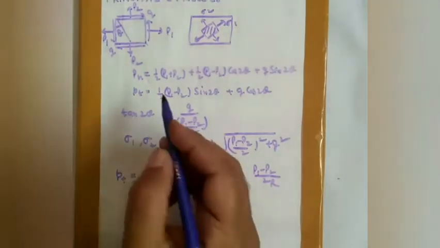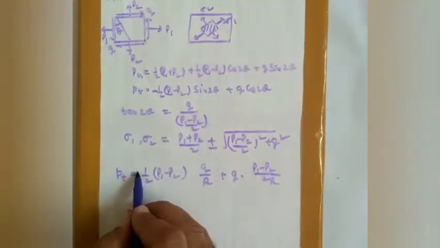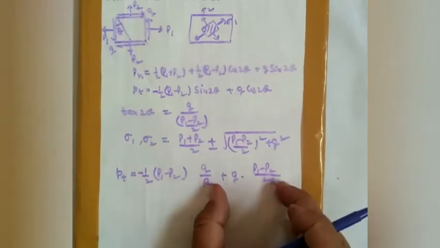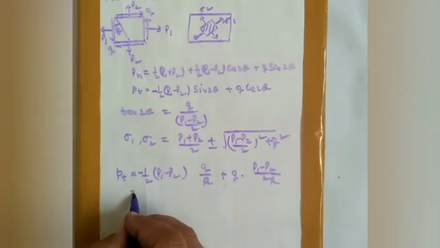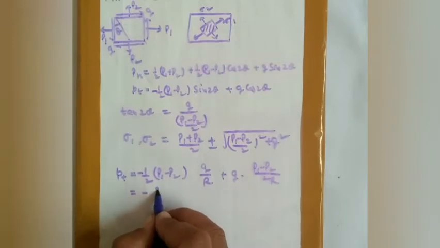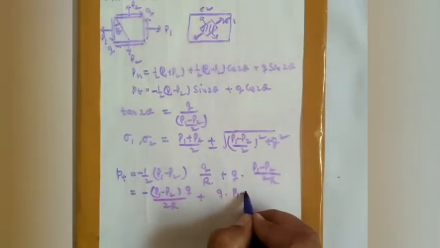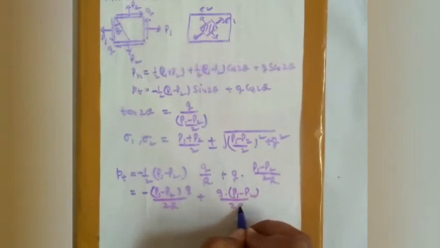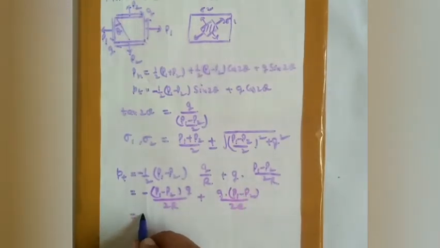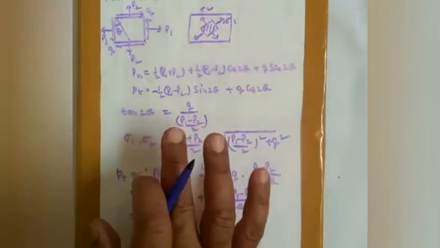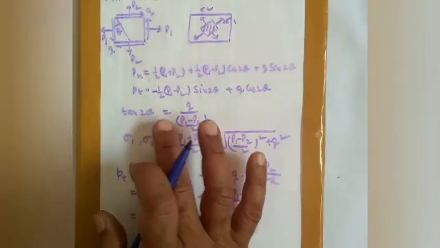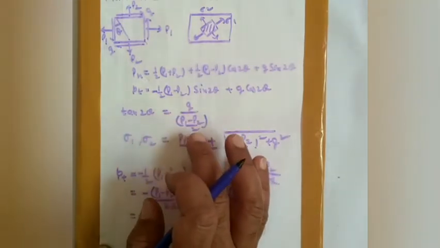The first term in Pt is negative, and both the terms are equal and cancel each other. Just simplifying, we get minus (P1 minus P2) q by 2r plus q (P1 minus P2) by 2r. They simply cancel out and we get 0. So it is proved that the shear stress on the principal plane is 0 when theta is such that tan 2 theta is equal to q by (P1 minus P2) by 2.